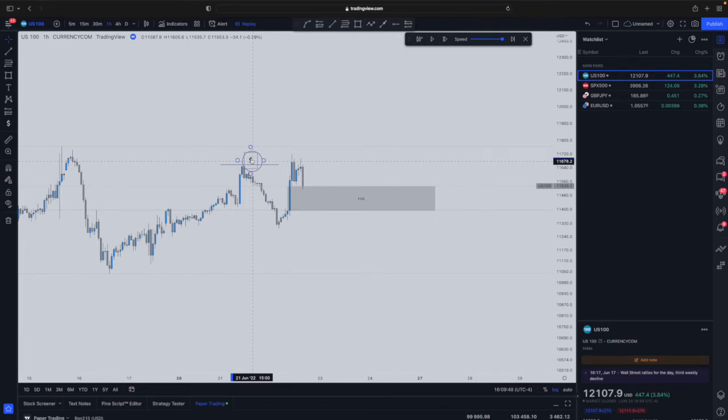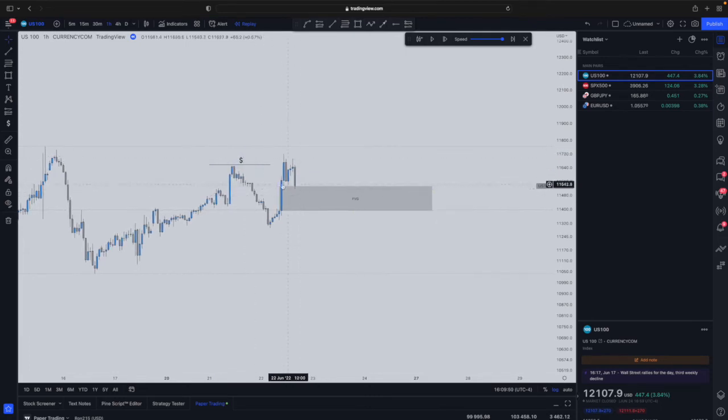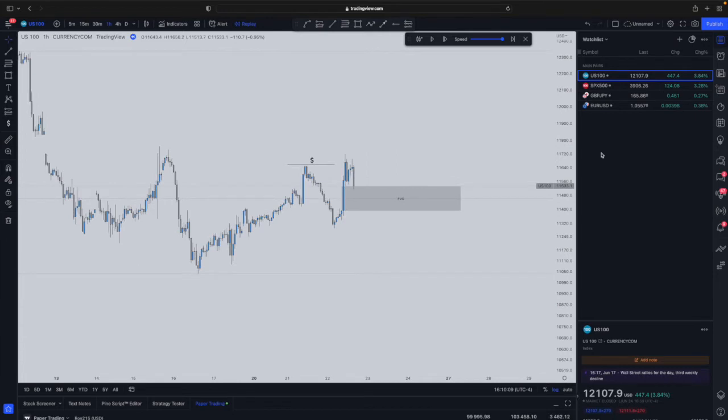So when this liquidity got taken out, I'm looking for a buy back into the fair value gap to rebalance price. Because think about it, this explosive move left a gap in price. Price likes to come back and refill that imbalance, that inefficiency of price, and then continue to rally higher.